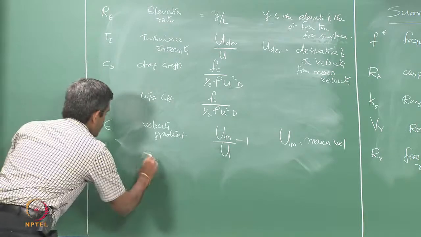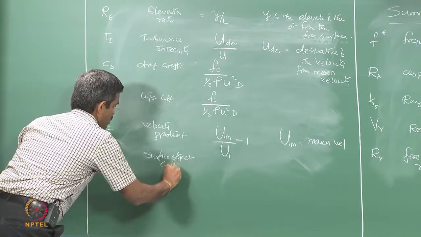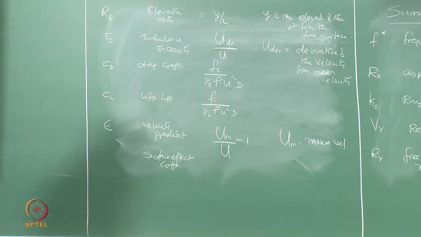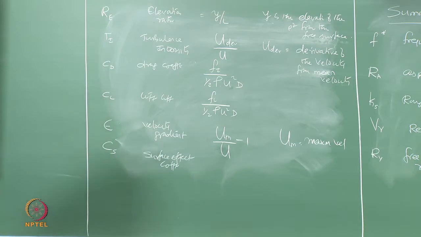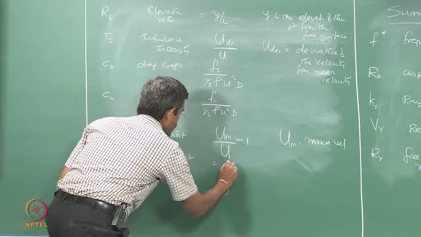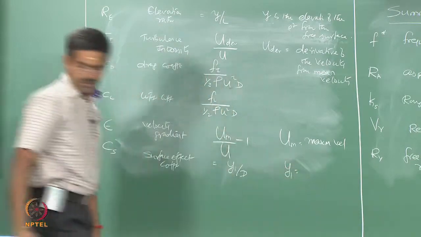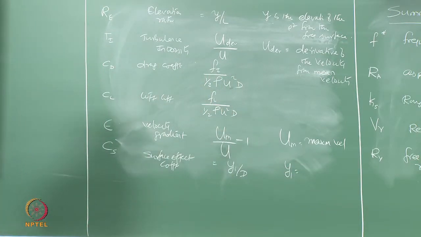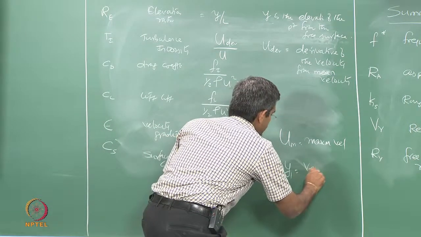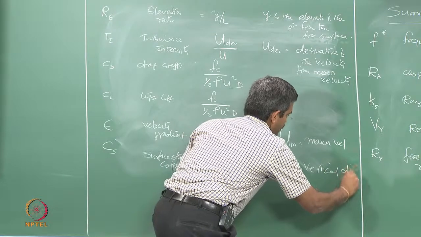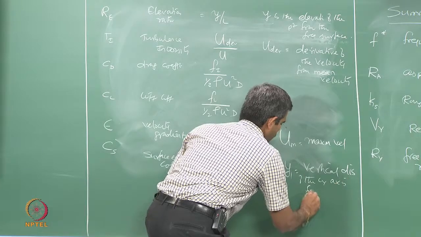Surface effect coefficient, which is given as Cs, is given by y1 by d, where y1 is the vertical distance of the cylinder axis from the free surface.